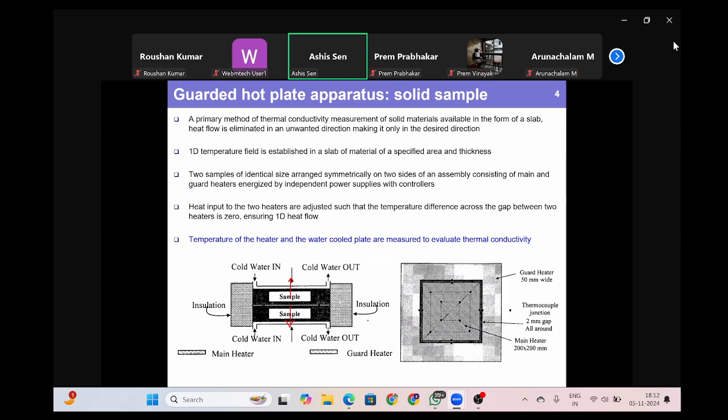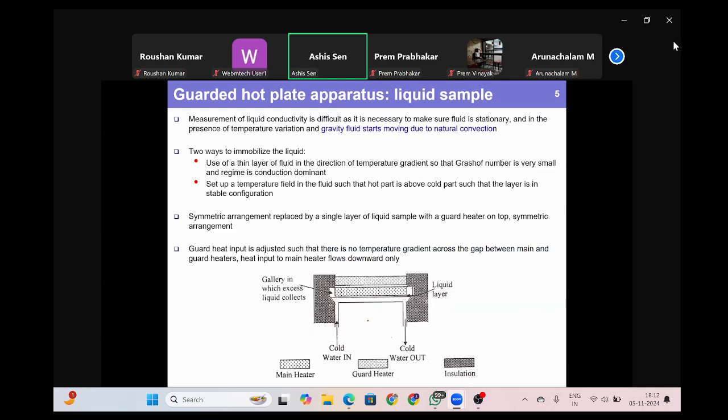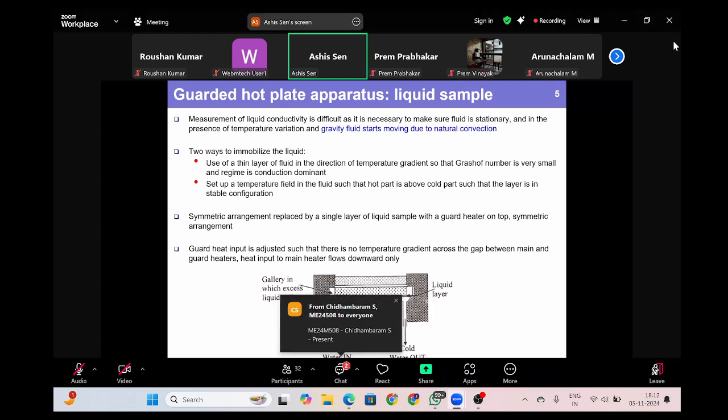But if you use liquid sample, one problem that happens in case of liquids or even gases is that when you apply a temperature gradient, there is convection that takes place. Okay, because of the natural convection, whenever there is a temperature gradient, the fluid will start to move.